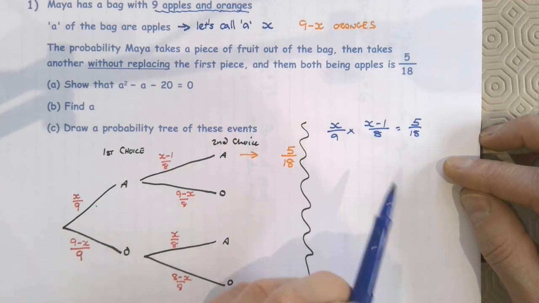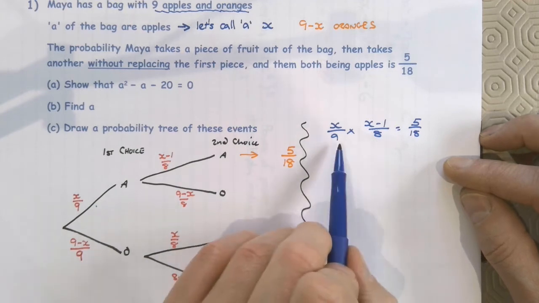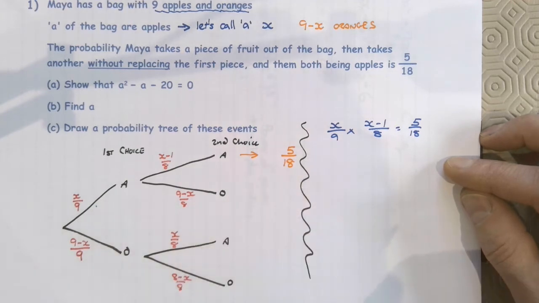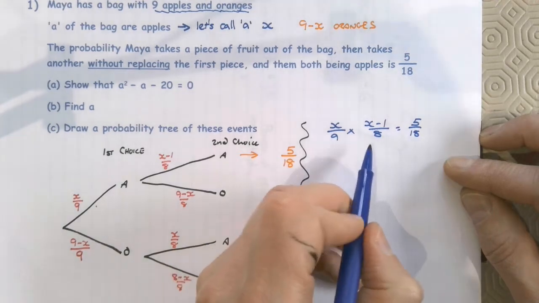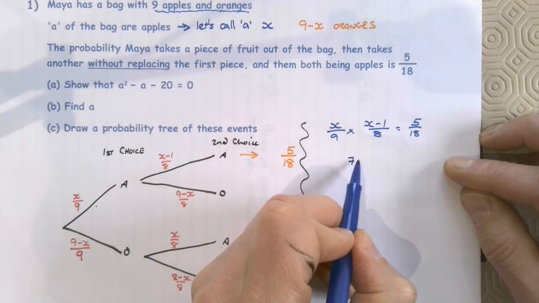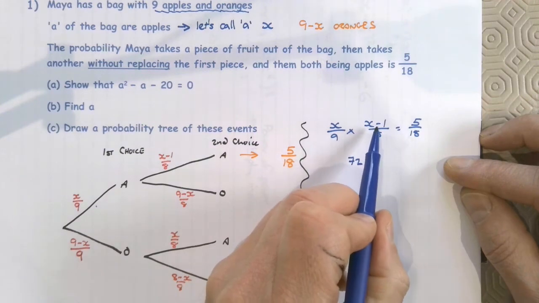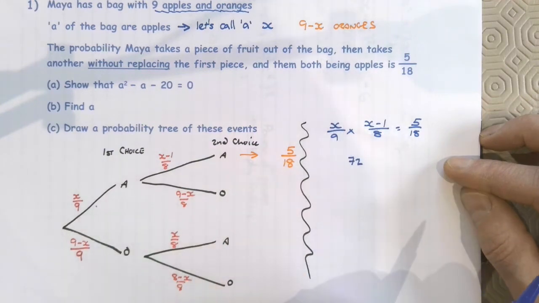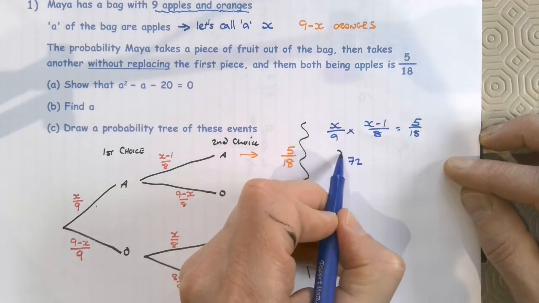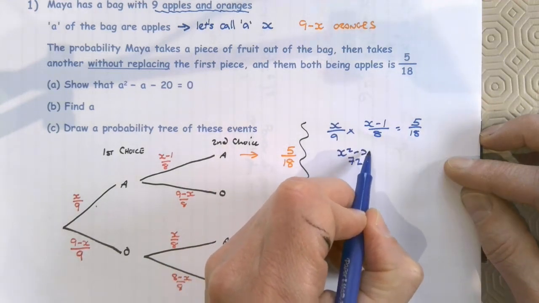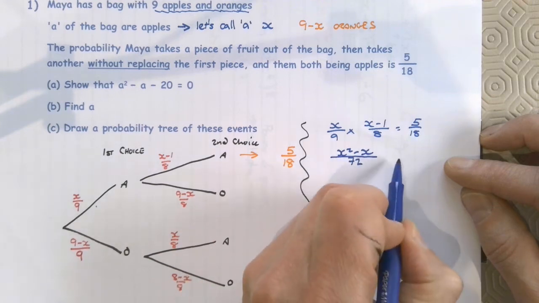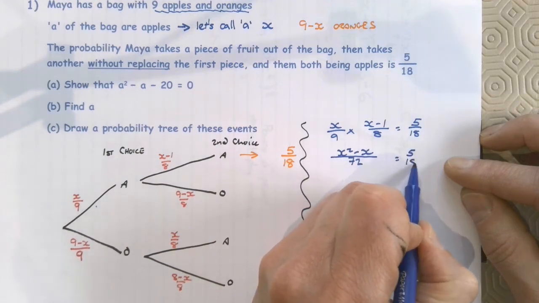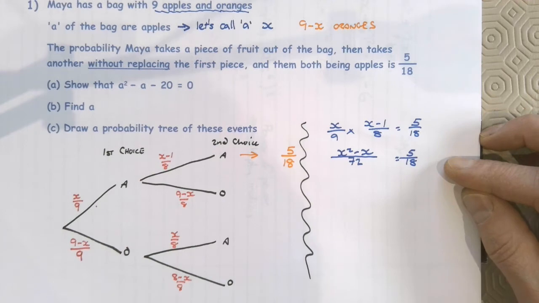So let's put these over a common denominator. So 9 times 8 is 72. And let's expand the numerator. So X lots of X take away 1 is X squared take away X. Now what we need to do is get rid of these denominators.